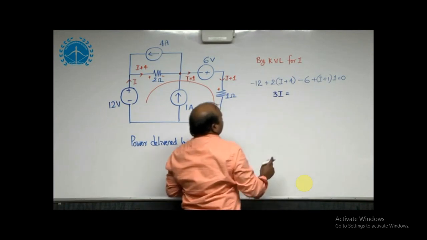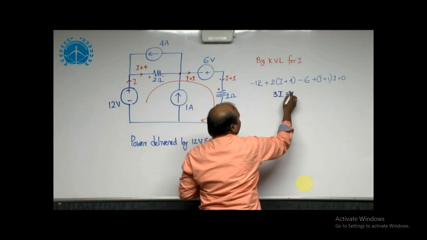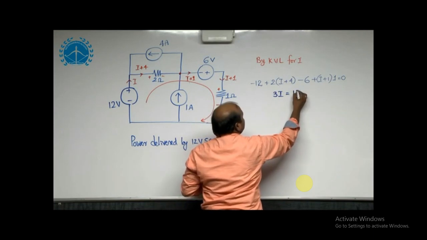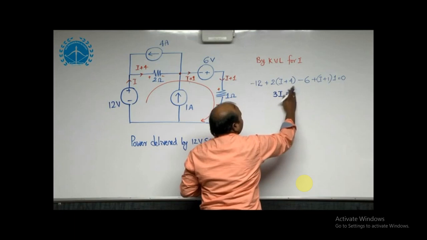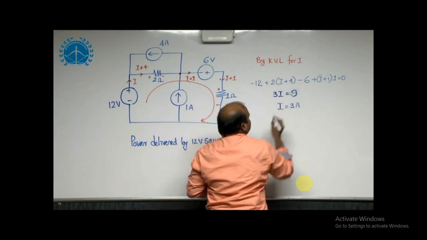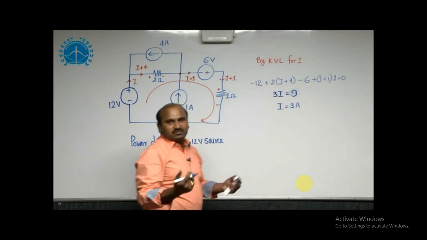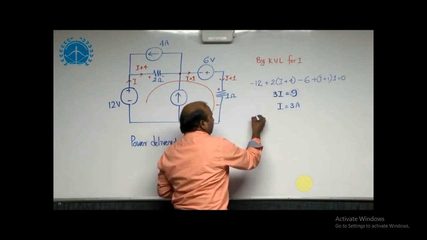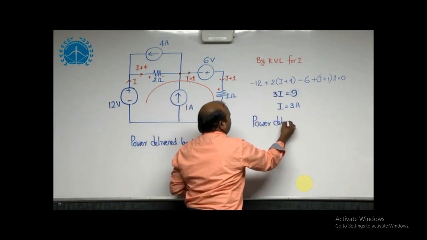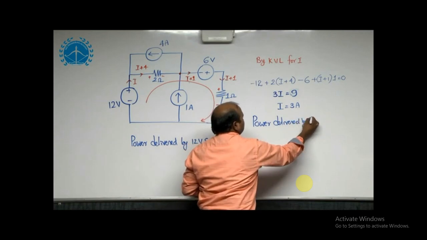Now 3I is equal to 8 minus 4 and minus 6, minus 10 plus 1. The I value you will get from this equation is 9. From this, I is equal to 3 amperes. Once you get the I value, automatically you will get the value of power delivered by the 12 volt source.